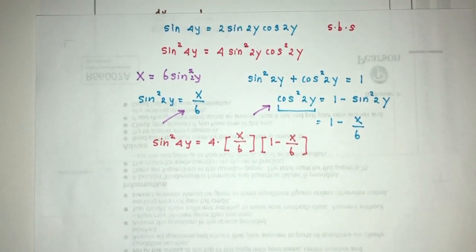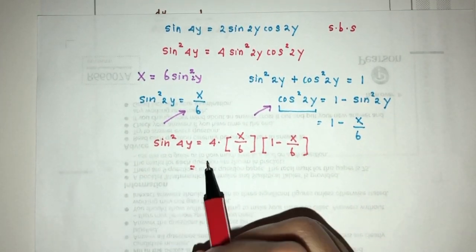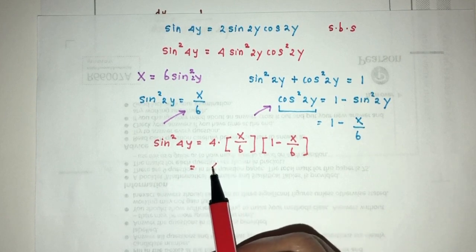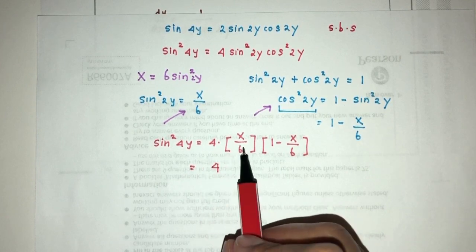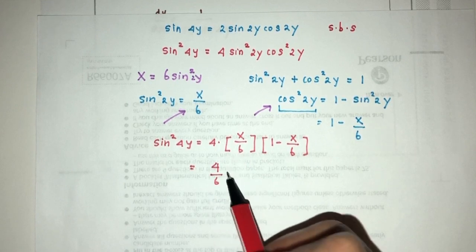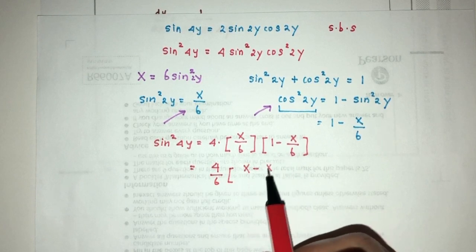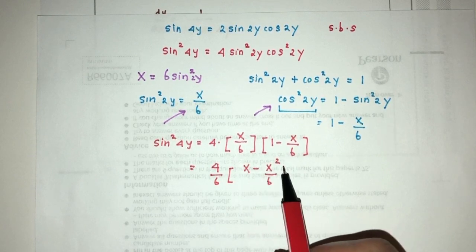Okay, so let's simplify. Here we have 4 outside. Let's take the 6 outside, why not? You will have x multiplied by this, you will have x minus x squared over 6.